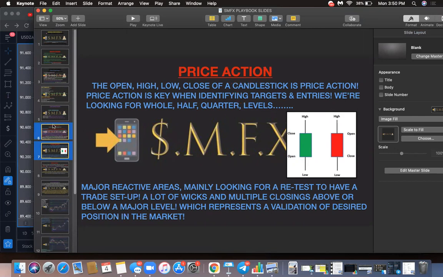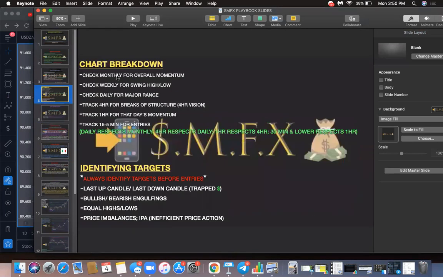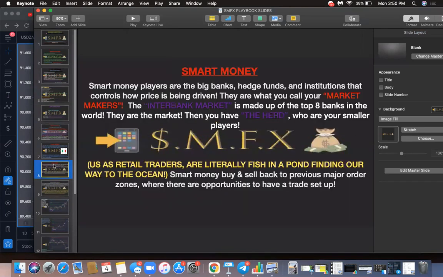Also in lesson 1, an extensive breakdown of top-down analysis and what to look for and identify when breaking down your chart. Smart money was lesson 3, where we went over understanding the psychology of the big banks and how they drive price in whatever direction they feel like.